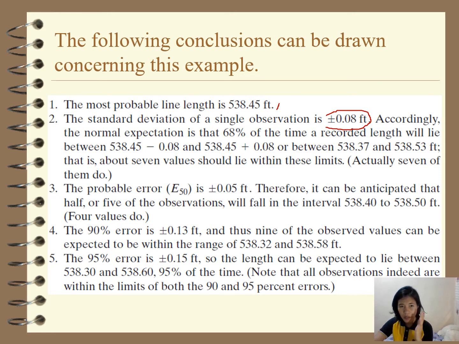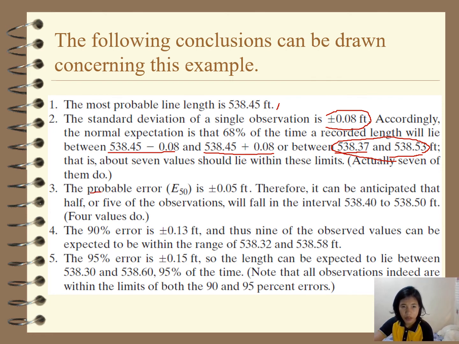So, plus minus the MPV, plus minus our computed standard deviation, so 538.45 minus this standard deviation and MPV plus it, which lies between 538.37 and 538.53. So, 7 values should lie within this limit. So, the individual measurements that fall within this value are the 68% of the time of the recorded length. So, it passes.